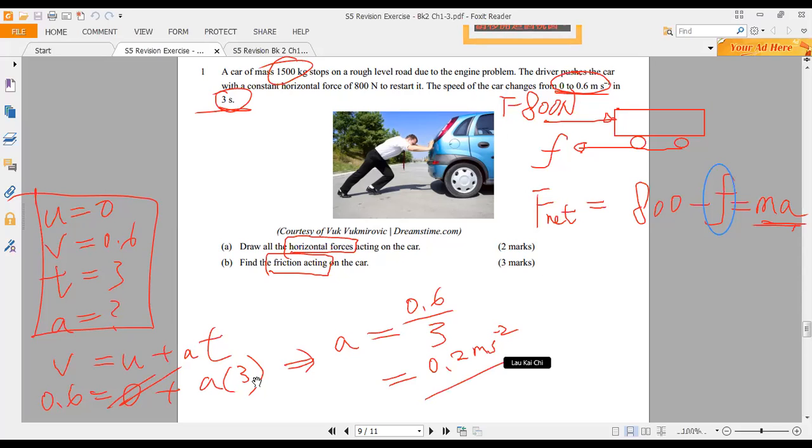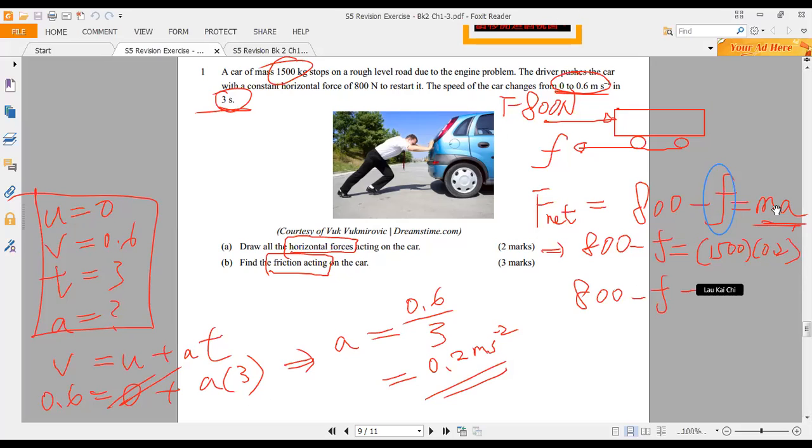Now, once we find the A, we just go back to the equation here. This is where we can find the value of F. So it will become 800 minus F equal to 1500 times 0.2. So that is 800 minus F equal to 300.